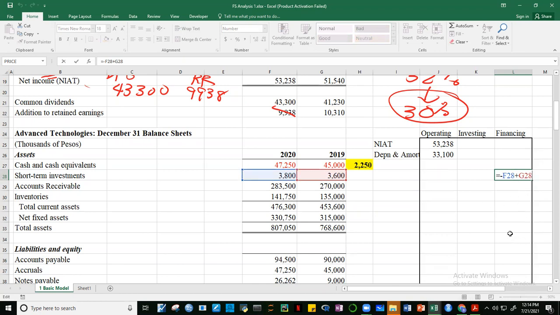Subtract 2 dapat. May parenthesis pa rin. Okay, so mali. Mali ba guys? Okay, sige. Sorry. Ba't ba nagaganon? Okay, so tama na yan, ano? F28 minus G28. Okay. So, gawin ko yun.